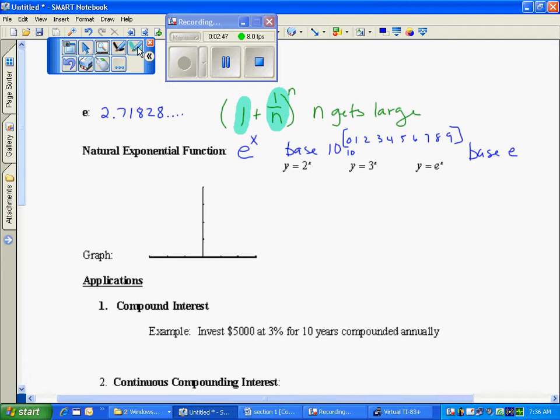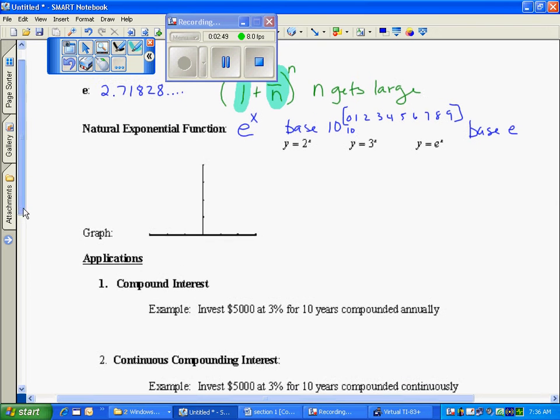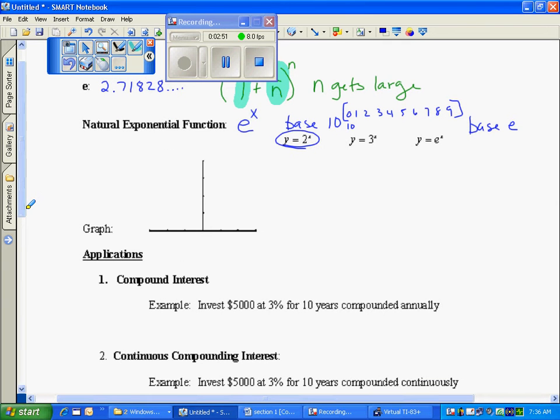So if we take a look at the graph, each one of these has a start value of 1. If you recall, y equals a times b to the x. In this case, b is 2. That's my factor. In this case, b is 3, my factor. Notice it got bigger. And in this case, e is my factor, and it's approximately 2.71828. So if I was to graph these, they would all hit this point.